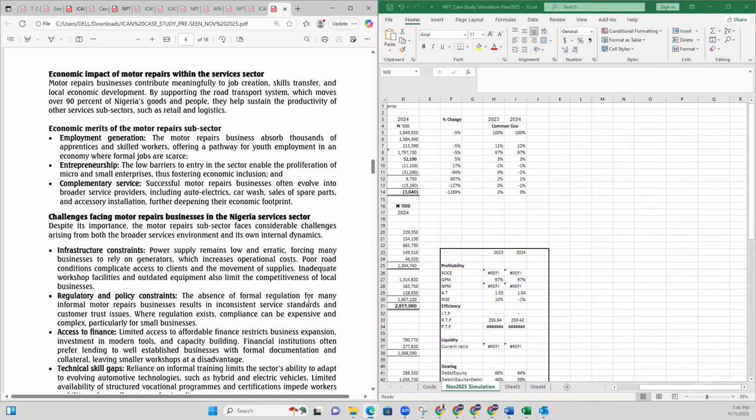Challenges facing motor repairs businesses in the Nigerian service sector. Despite its importance, the motor repair subsector faces considerable challenges arising from both the broader services environment and its own internal dynamics. Infrastructure constraints.